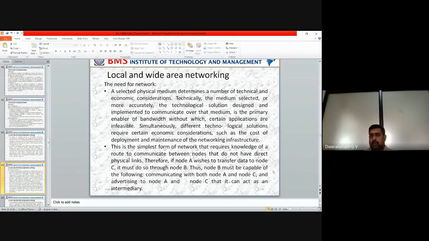Thus node B must be capable of the following: communicating with both node A and node C, and advertising to node A and node C that it can act as an intermediary node. This is the technology or type of network your devices should support. Don't think, sir, I will keep computers.